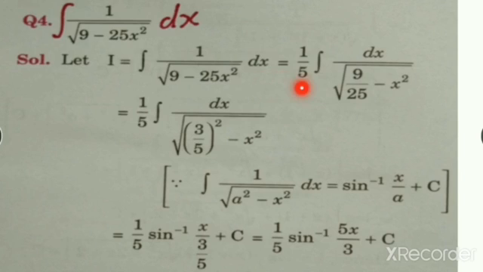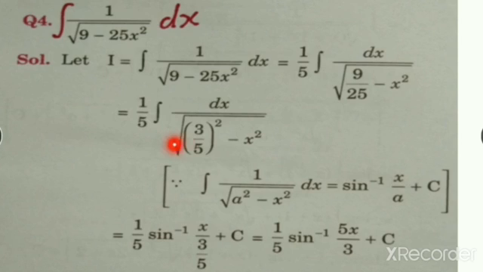Writing 1 upon 5 common out, this can be written as dx upon root of 9 upon 25 minus x square, is equal to 1 upon 5 integration dx upon root of (3 upon 5) whole square minus x square.